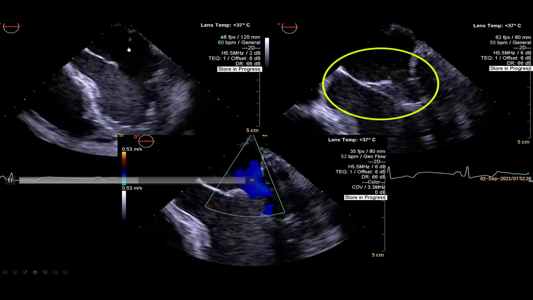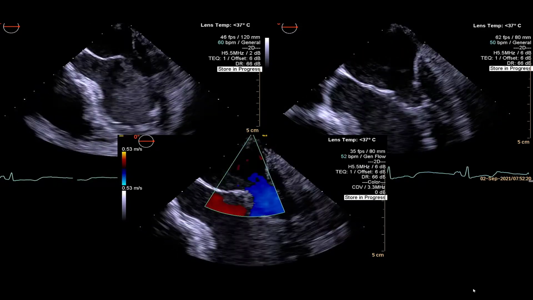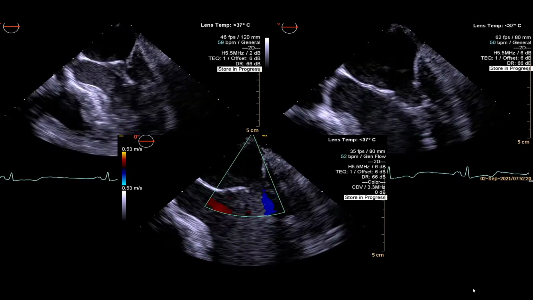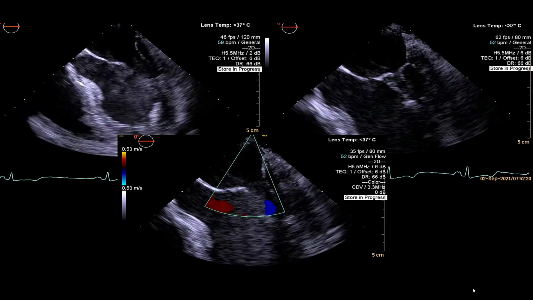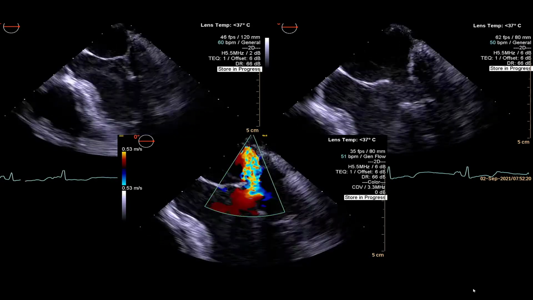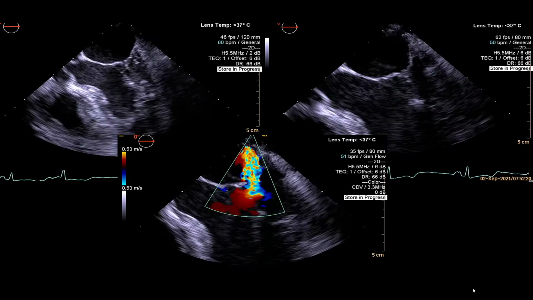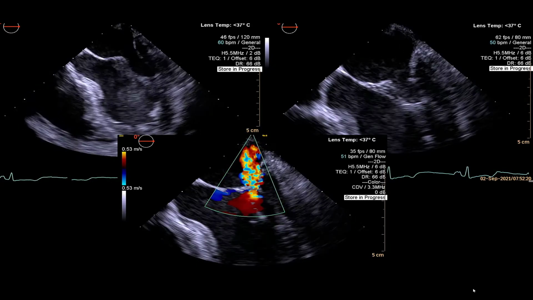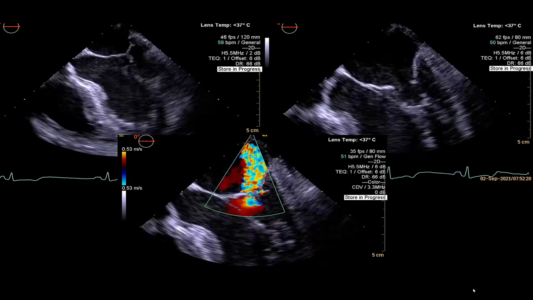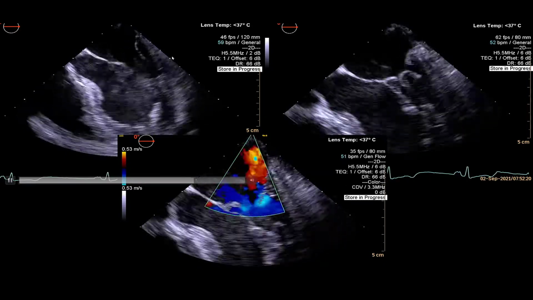Yes, the cord is definitely an issue because you don't want to end up with a flail cord, as you said, was the worry here. So in this situation, having the ability to grasp each leaflet separately might be an advantage, and having a wider clip might be an advantage as well.